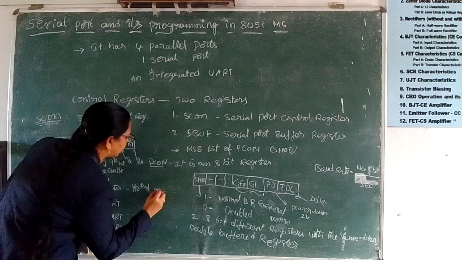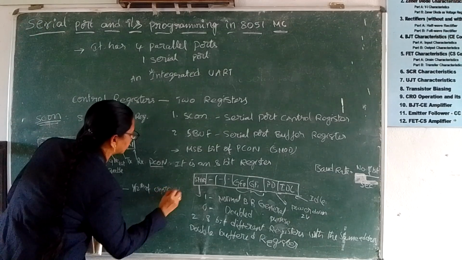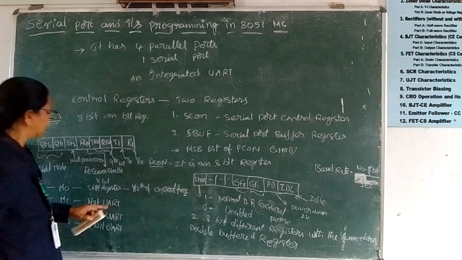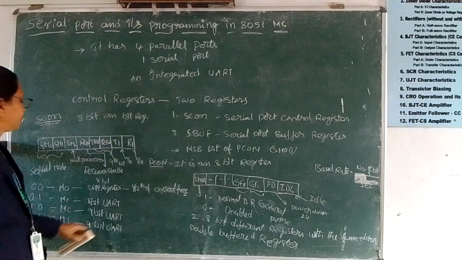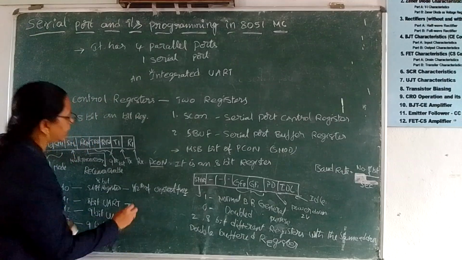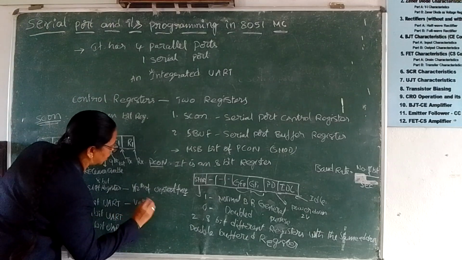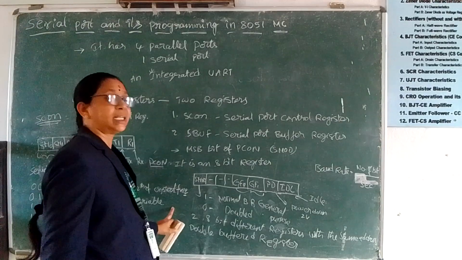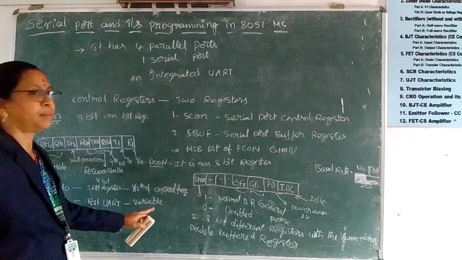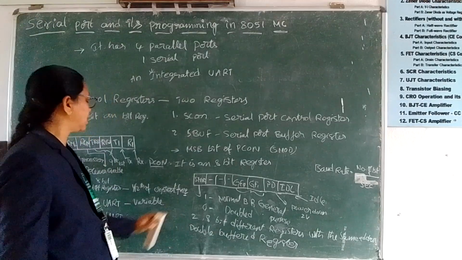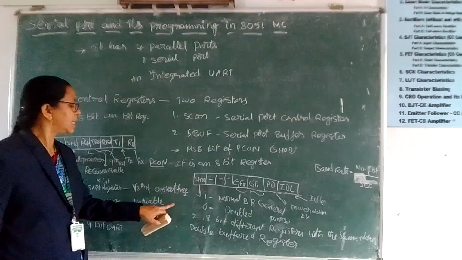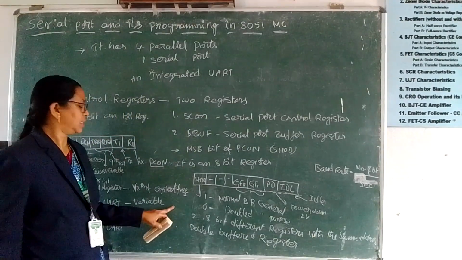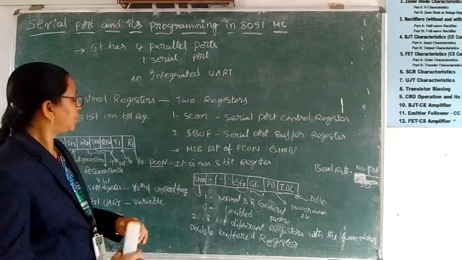So in the 8-bit UART, the baud rate is variable, and can be generated by the timers by programming the timer registers. How to program the timer registers was discussed in the previous video.